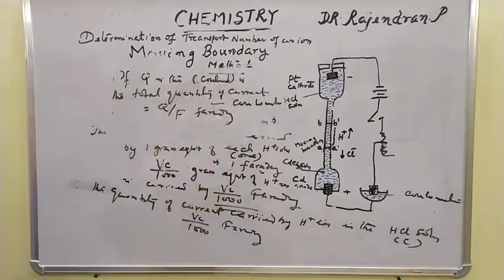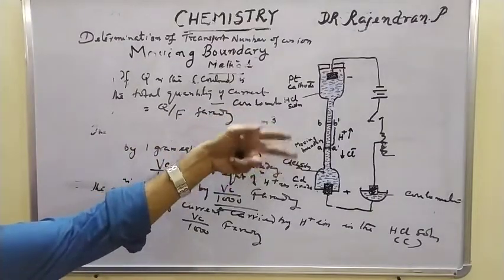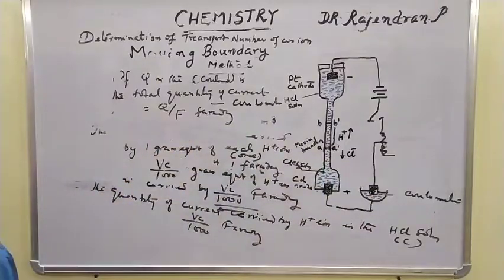So the total quantity of current in Faraday passed through the solution, measured in the coulometer, is Q by F Faraday.